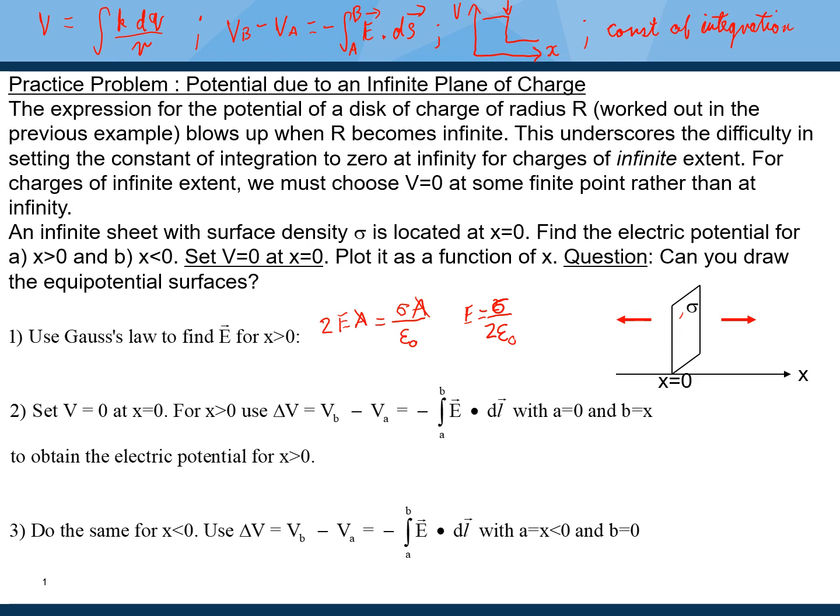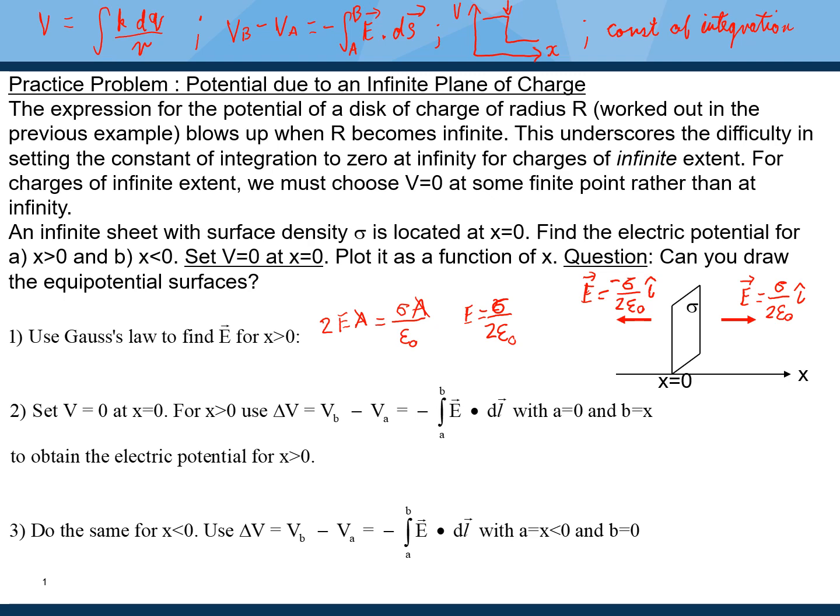So we have the electric field on the right side being given by E vector is equal to sigma over 2 epsilon naught times i hat, and the electric field for x less than 0 being given by E vector is equal to minus sigma over 2 epsilon naught times i hat.